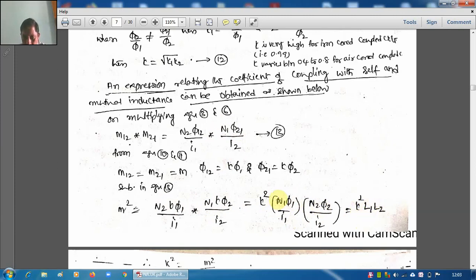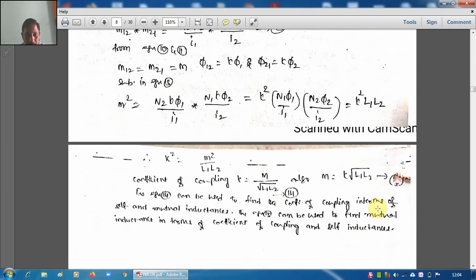Here what is L1? This term N1 phi 1 by I1, as per our previous definition, is equal to L1. Previously it is there on the first page, and this is the definition of L2. So these two are written as L1 and L2. So finally M square equal to K square L1 L2.